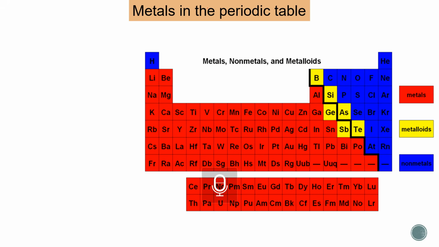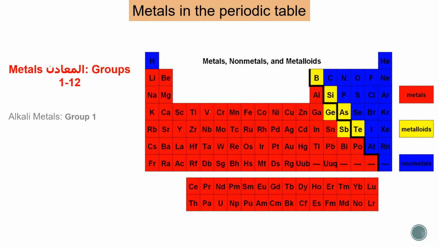So now, this is the periodic table divided into metals, metalloids, and nonmetals, which we saw in module 5, lesson 1. So the metals are mainly in groups 1 to 12. So all the red ones are metals.